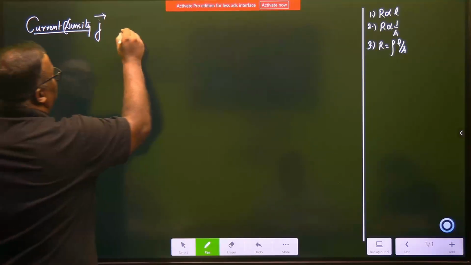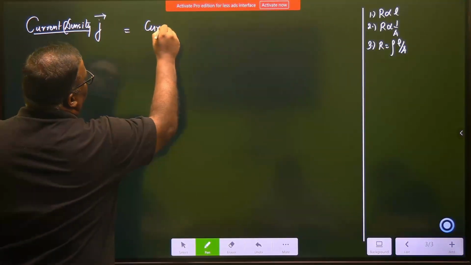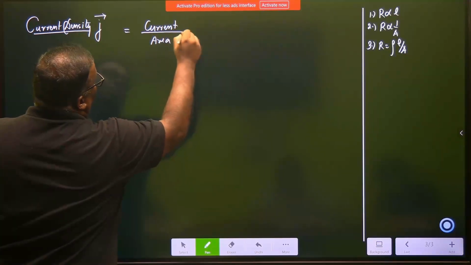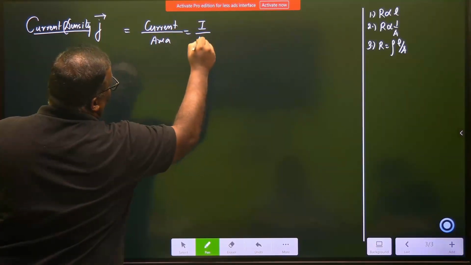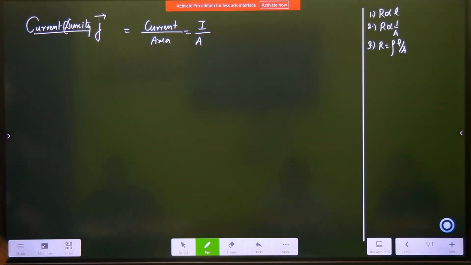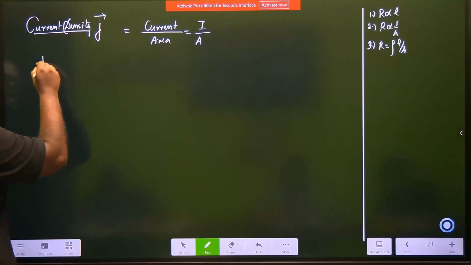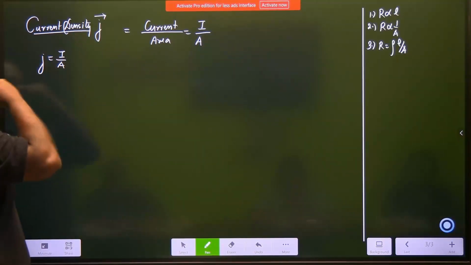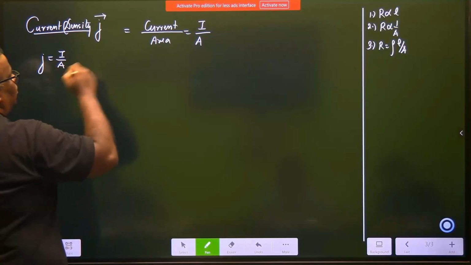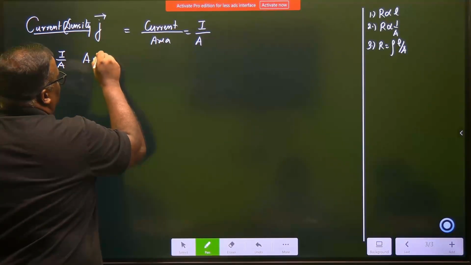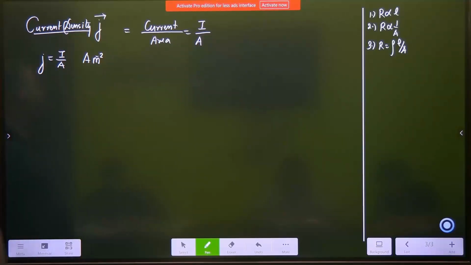So current density is current over the cross-sectional area. Now, while current is a scalar, the area is taken as a vector. So in other words, we will write J is equal to I upon A. Is this understood, children? And the unit of J should be ampere per meter square.